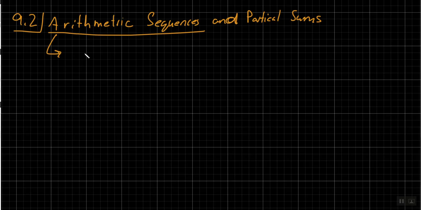Arithmetic sequences are going to be very close to regular sequences, but they have a special thing about them. So a list of numbers is a sequence.